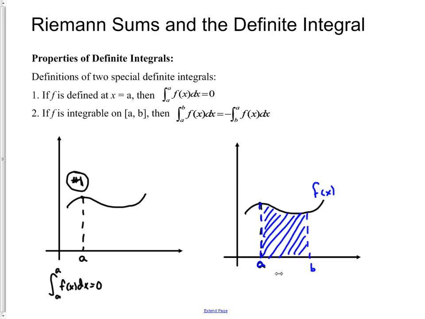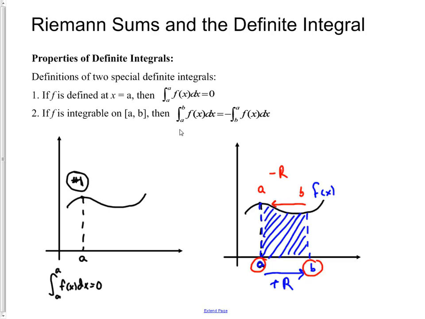So if we imagine that we're unrolling this area under the curve from a to b, going left to right, and we get a positive region r as a result, well, if we reverse the direction, going from b to a instead, we're going to get the negative of that region's value, because we're defining an interval that is going, in essence, backwards.